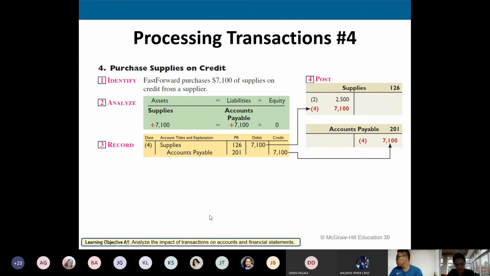Di ba pag nag-increase ang utang mo based on our rules on debits and credits, i-credit mo yun, tama ba? Pag nag-decrease ang utang mo, i-debit mo. Since dito, on credit siya, nag-increase siya, magki-credit tayo ng accounts payable na 7,100. So, ang sinabi ko on account or on credit, pag hindi in-specify yung payable account na gagamitin, we use the accounts payable. Do you get it? Okay.